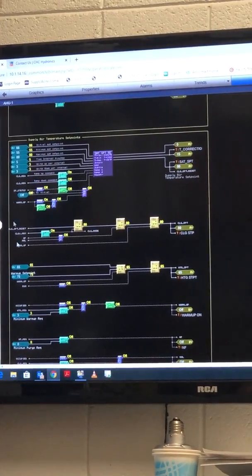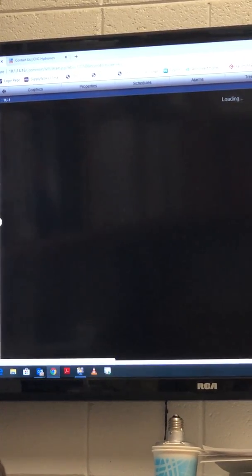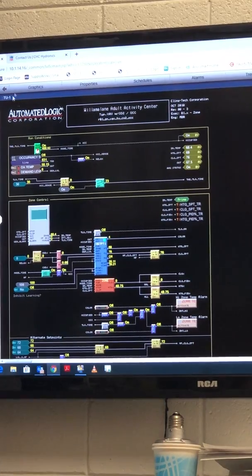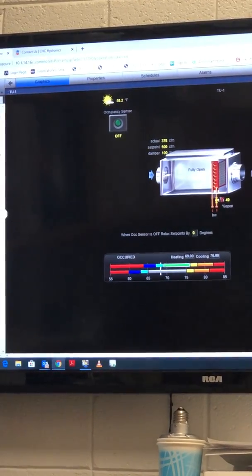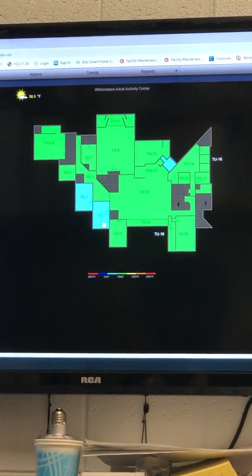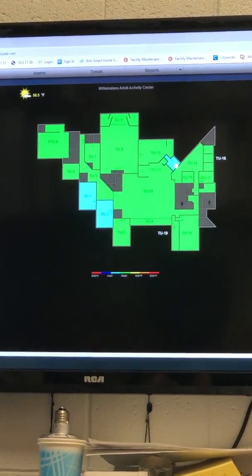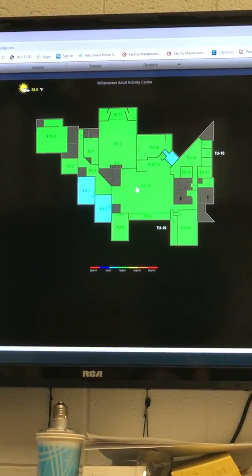Now, this is a main air handler, and from there there are numerous zones. You look at the graphic in here. All these units are zones basically. I have three that are calling for heat, and the rest of them are satisfied.